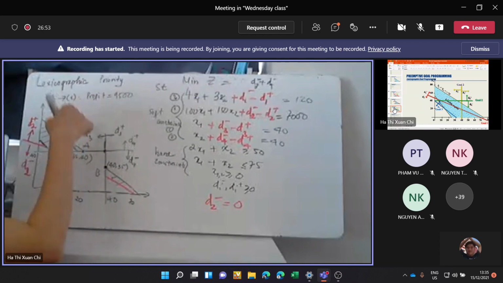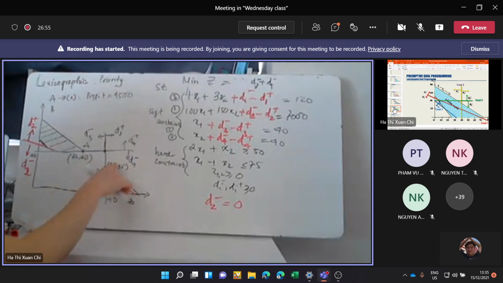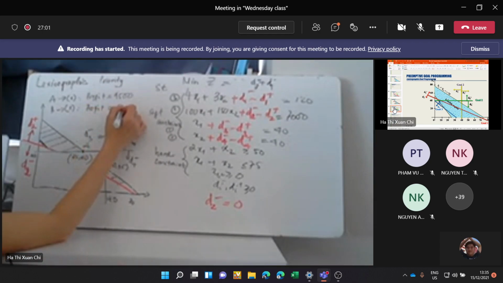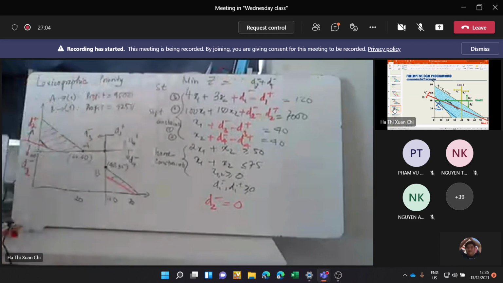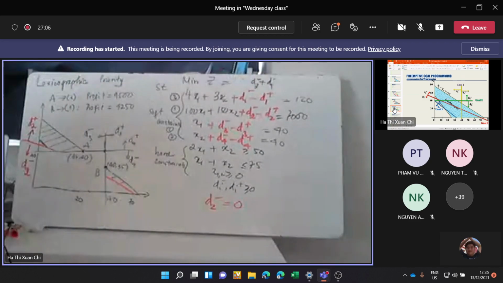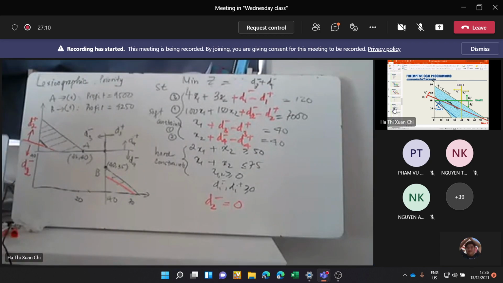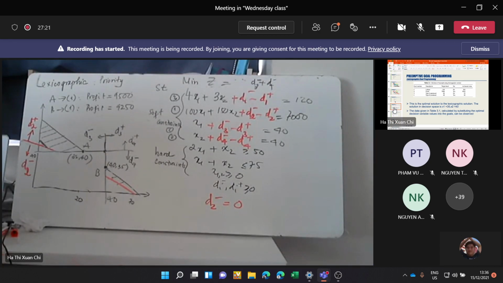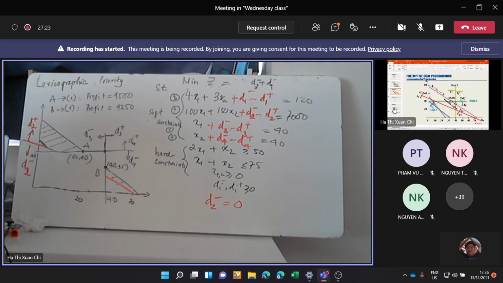If you substitute point B in this one, the profit you get is this. I remember that one, 30. So which one should we choose, everyone? 1 or 2? A or B?